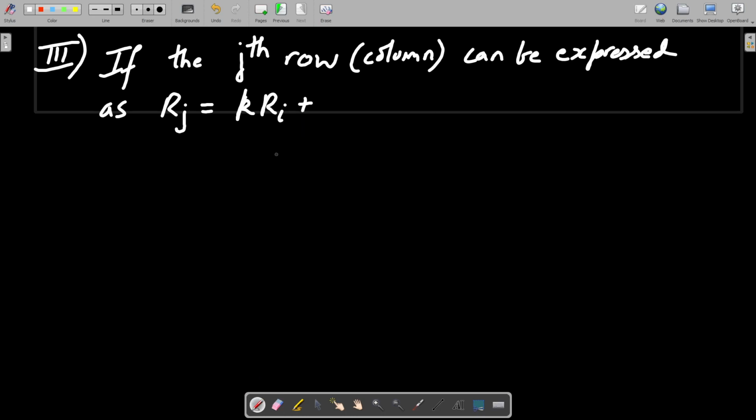Which alphabet shall I use? I used K also, so let me use R L.